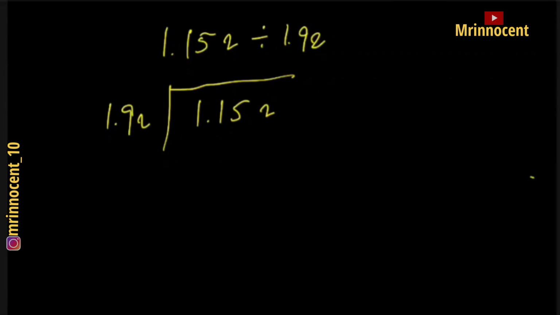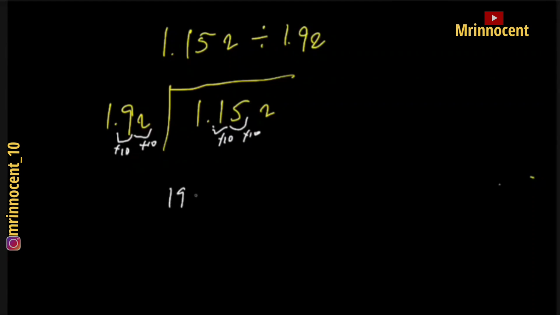First of all, you need to make your divisor a whole number by multiplying it by 10 from left to right. So you have multiply by 10, multiply by 10, multiply by 10, multiply by 10.